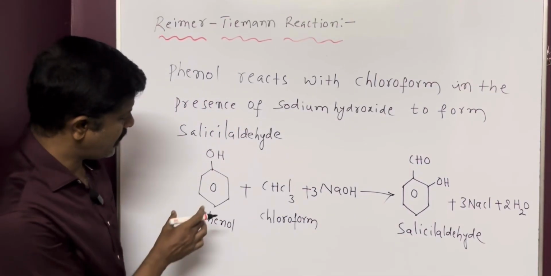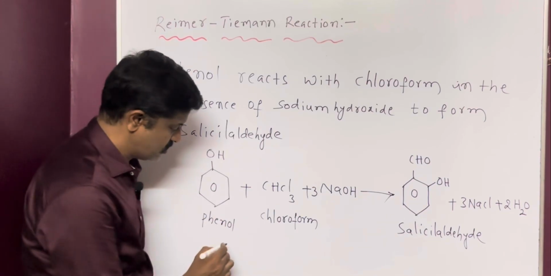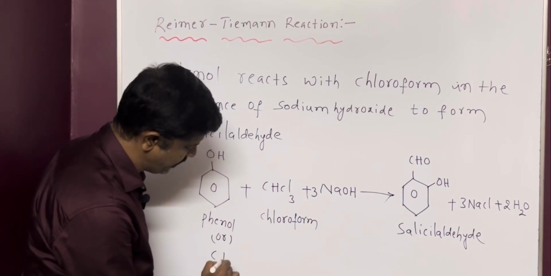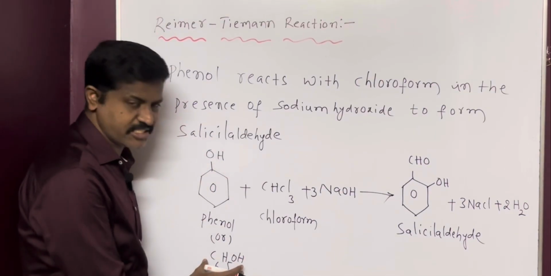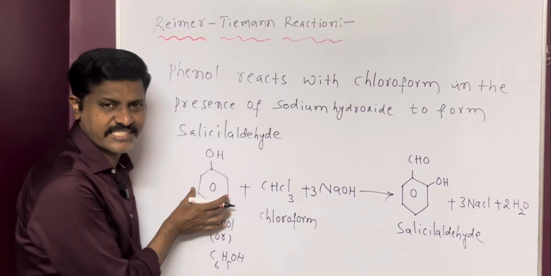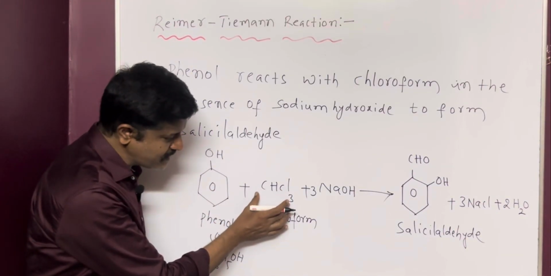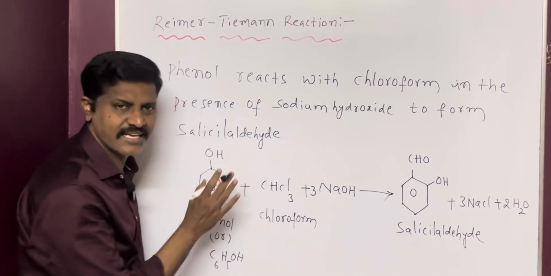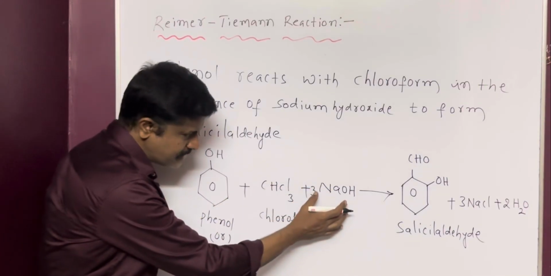Clear? Now this is phenol, C6H5OH. Now this is C6H5 and OH. Phenol reacts with chloroform, CHCl3. Clear?